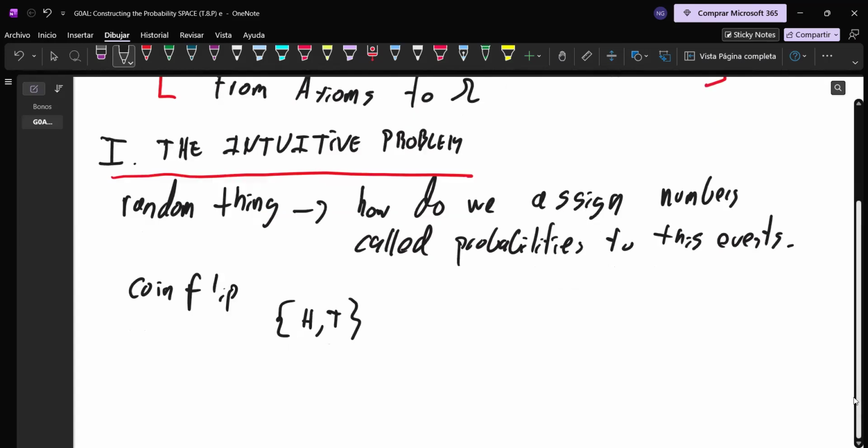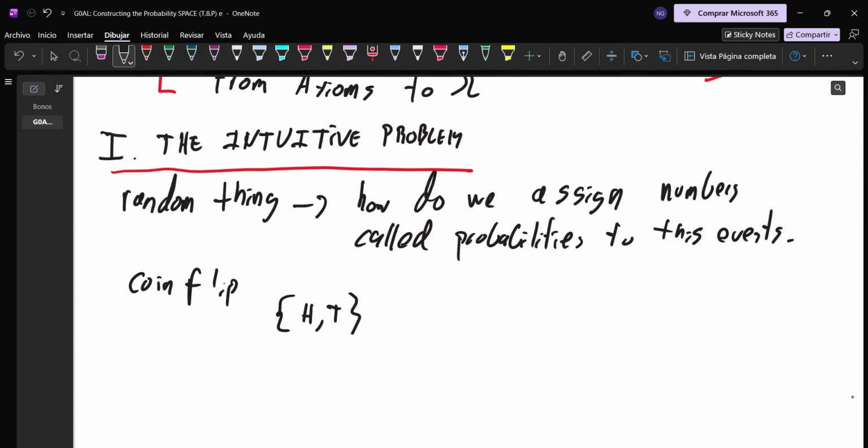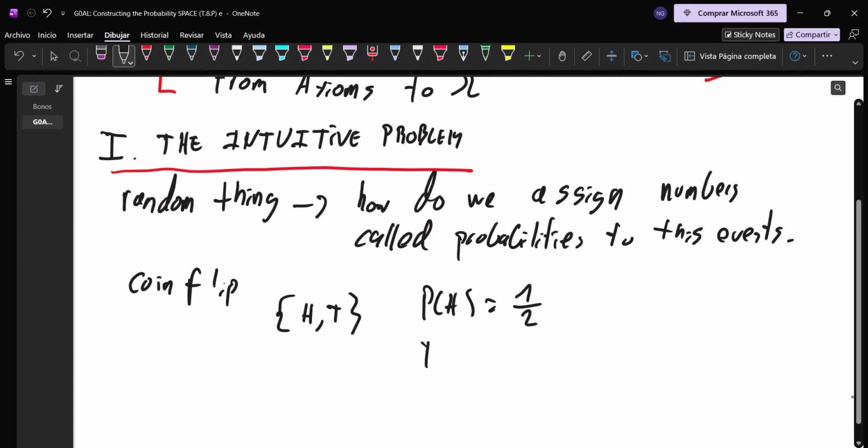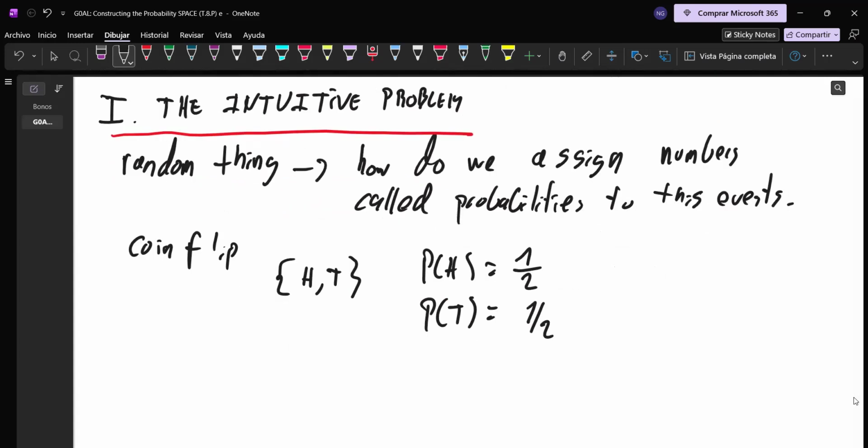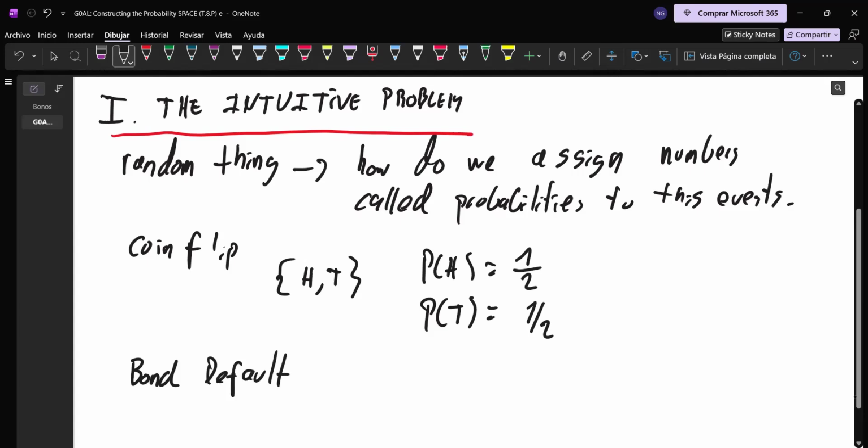And I say, well, the probability of option H is 1/2, and the probability of option T is 1/2. And the question is, why can I do this? Yes, this is something trivial in this example, but why can I do this? Or I have a default.